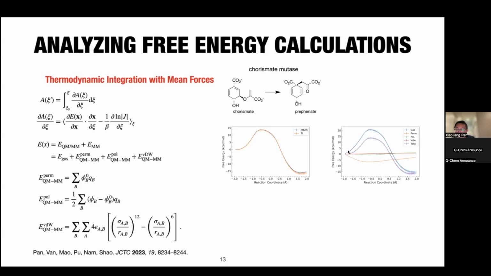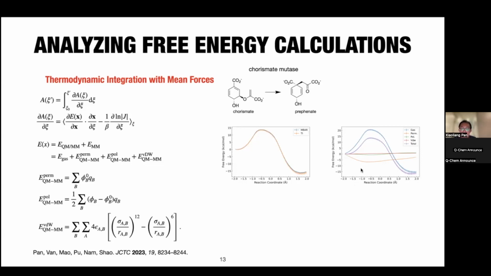For example, here we can see if we integrate the gas phase or isolated QM forces, we'll get about a 20 kcal per mole barrier. And then the actual barrier is around 12, I think. And the difference mainly comes from this permanent electrostatic interaction between the QM and MM.